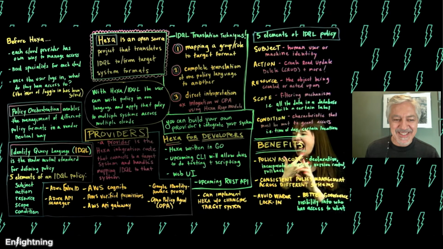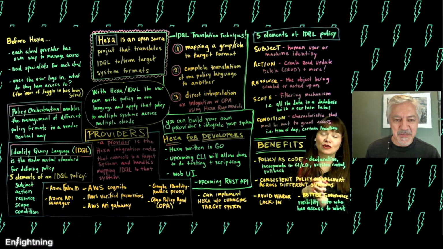We talked about Azure Entra ID, Azure API Manager, AWS Cognito, AWS Verified Permissions, AWS API Gateway, the Google Identity Aware Proxy, and the Open Policy Agent, which people say OPA. So those are right now the current providers for Hexa.